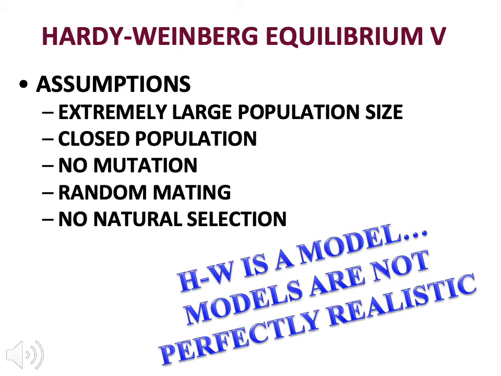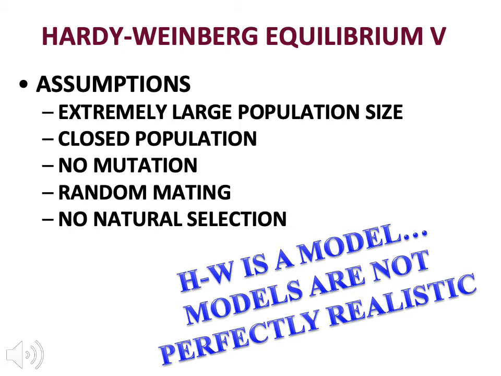Hardy-Weinberg assumption number three, no mutation. Obviously, a mutation is going to create a change. If you have a change, that's going to mess up the equilibrium. So technically, you can't have mutation going on in Hardy-Weinberg. Random mating is the idea that any given individual in the population has the capacity to mate with any other individual.